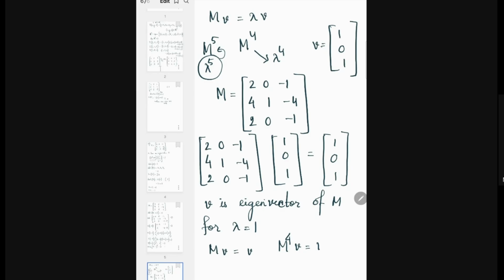M to the power 4 V will be also V because our lambda is 1. So lambda to the power 4 is also 1. Right? So M to the power 4 V plus MV will be V plus V. That is 2V.